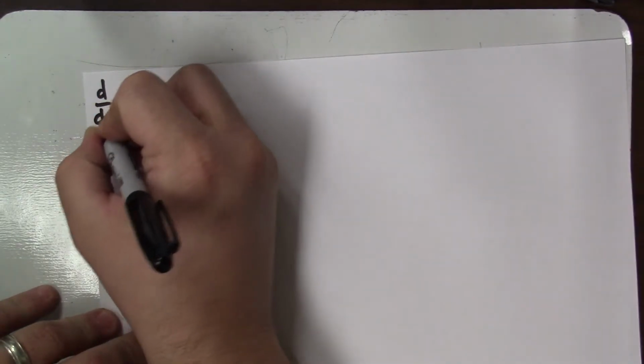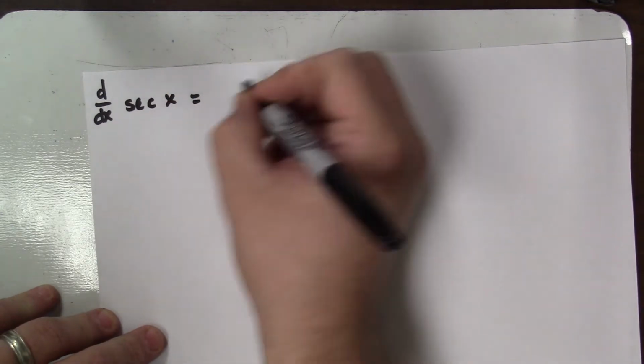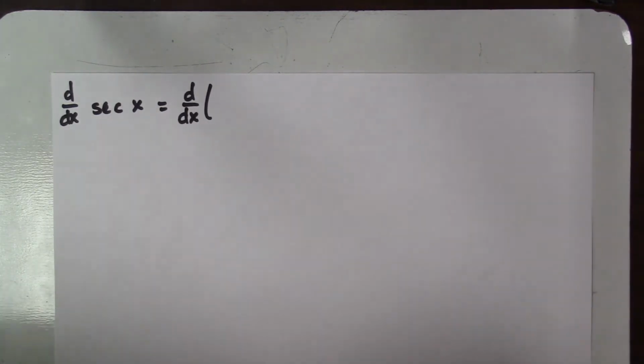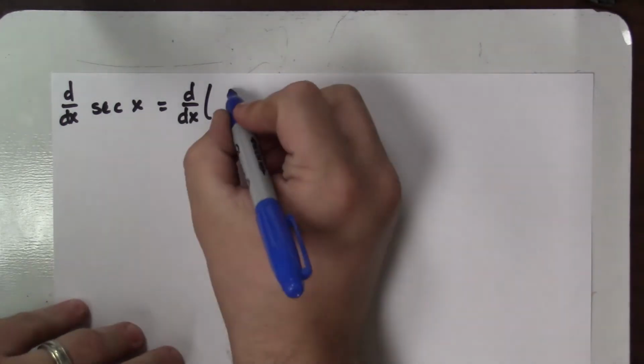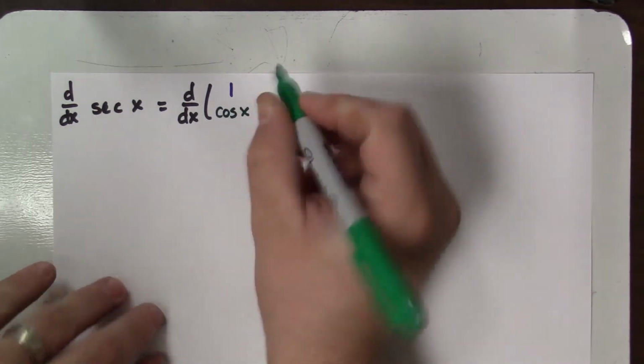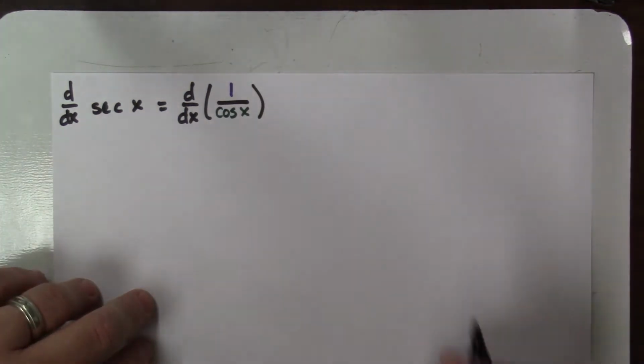All right, so there's tangent and cosecant. So up next we'll do secant. The derivative with respect to x of secant x is the derivative with respect to x of 1 over cosine x, because secant is the reciprocal of cosine.